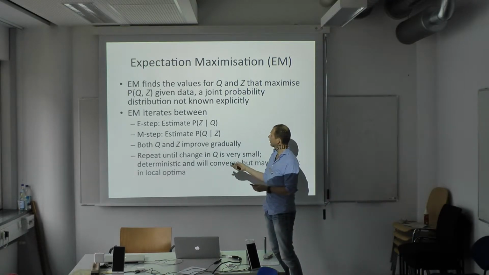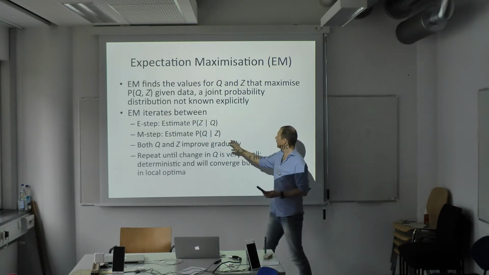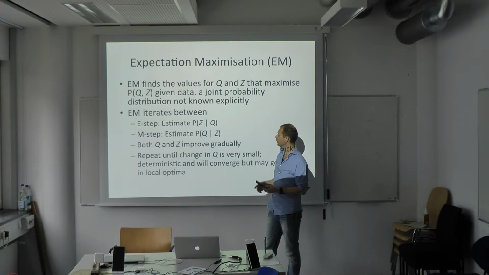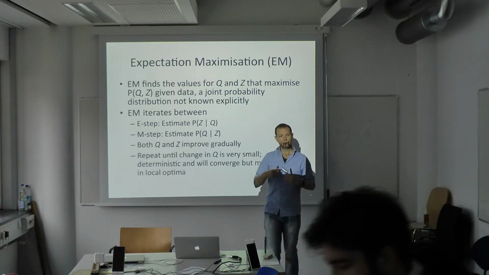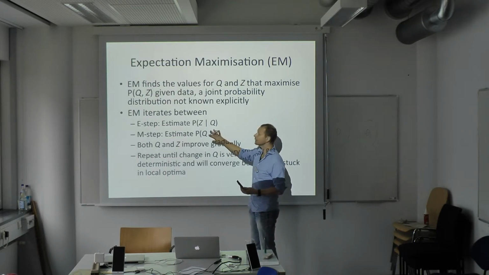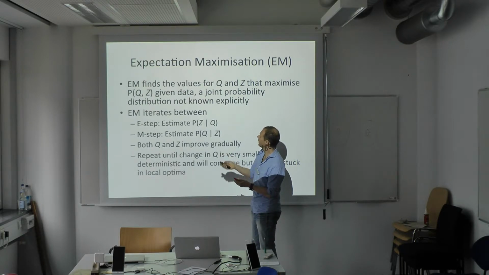And then we have the M step, where we do the opposite. We take our labels and we estimate our model, or the parameters of the model. And just doing this iteratively will actually allow us to approximate this joint probability here.